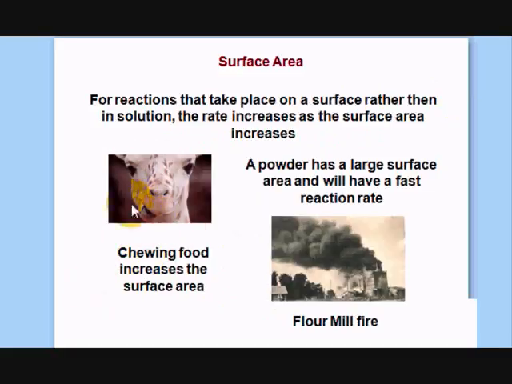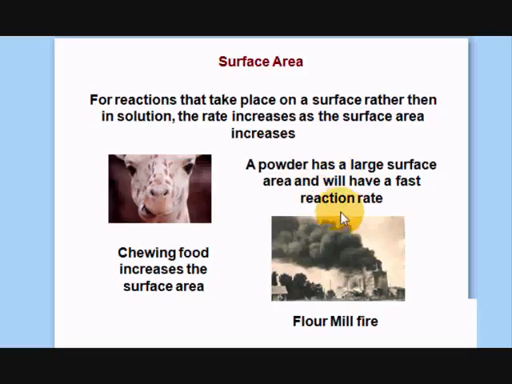Great example of surface area: chewing food breaks down the food. It initially has a given surface area, but when you break it down, you expose the inner parts of the food, and so you increase the surface area. This increases the breakdown of the food and the reaction involved in that.